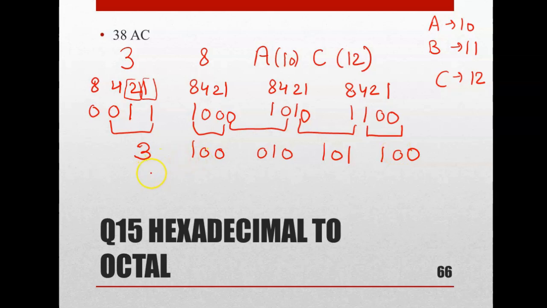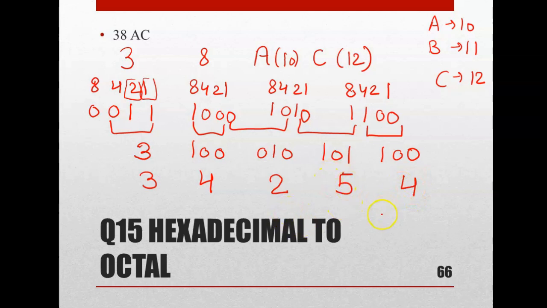For this we have 3 here, and then 2 to the power 0, 2 to the power 1 and 2 to the power 2. So this is 4 actually, and then 0 1 0 is 4 2 1, so this is 2. Then we have 1 0 1, so 4 and 1 is 5, and then 1 0 0 is 4.